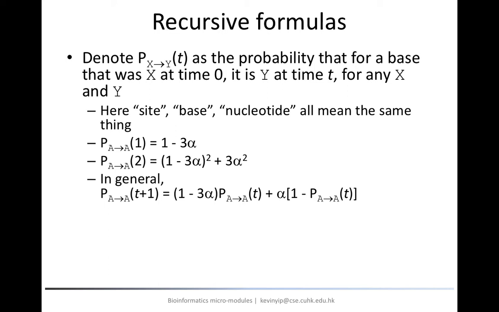The probability for the site to be something else at time t is just 1 minus this p A to A bracket t, and we multiply it with alpha since it mutates to A from time t to t plus 1. This recursive formula can be generalized to any x and y.